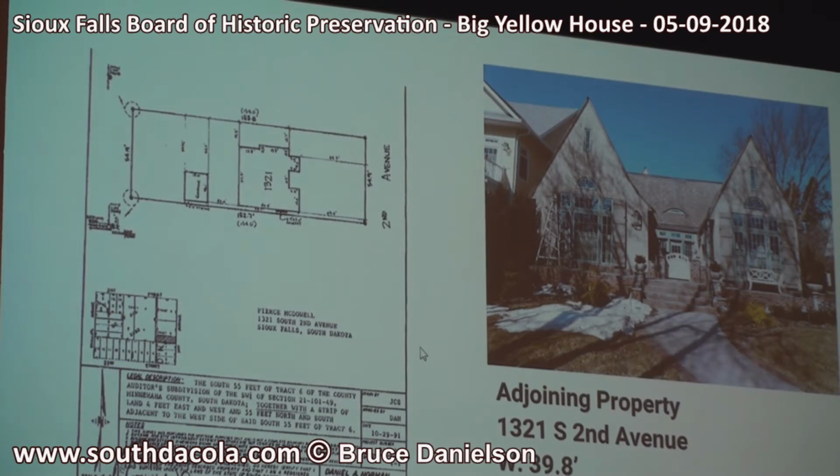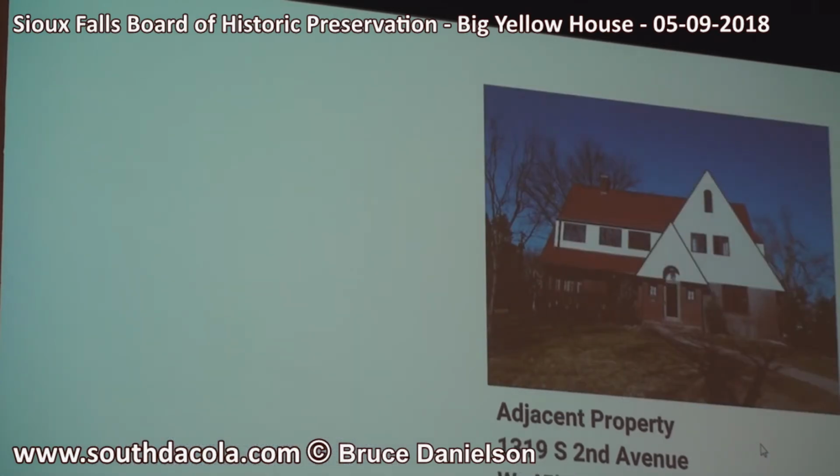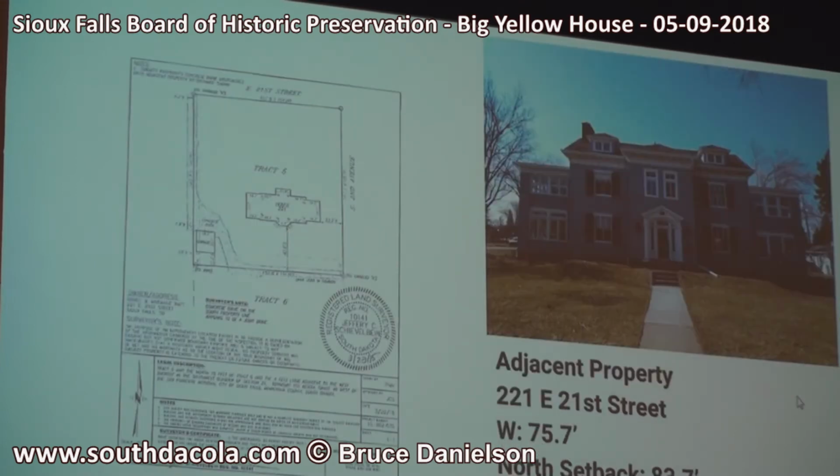All of this information was based on surveys. Adjacent property to the north, 1319 South 2nd Avenue. Width is 45 feet 6 inches, with lot width being 80 feet. 221 East 21st is 75.7 feet wide, with setbacks being quite large based on the lot size.